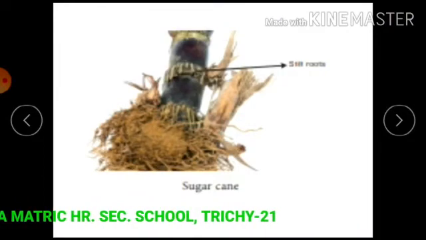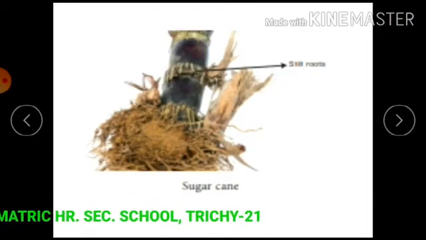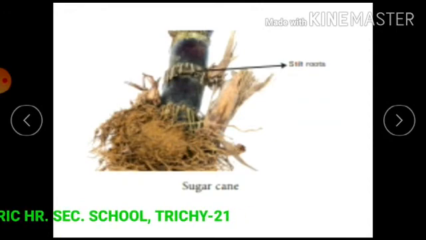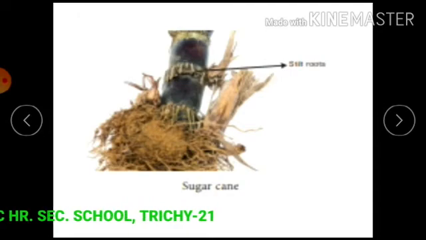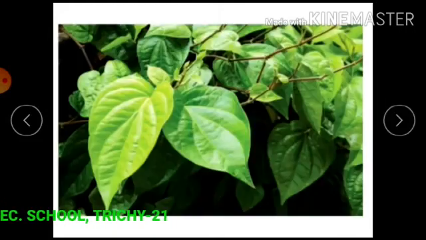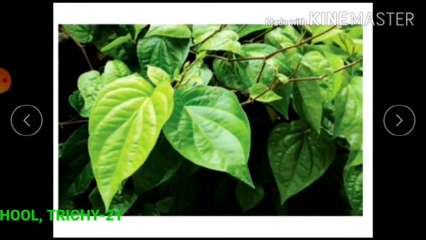These roots are called stilt roots, which give additional support to the plant. Climbing roots. In betel and black pepper, nodes or internodes bear roots, which help in climbing.